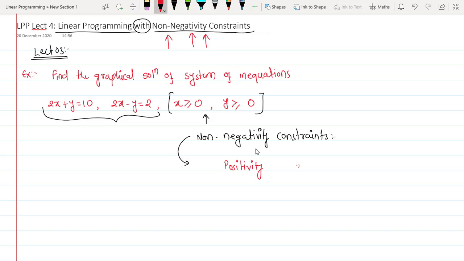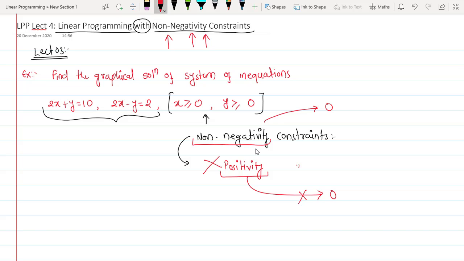Of course not. We cannot say the non-negativity and the positivity constraints are the same, because non-negative means this constraint can include 0. But when you say positive, this cannot include 0. Why? Because 0 is neither positive nor negative.